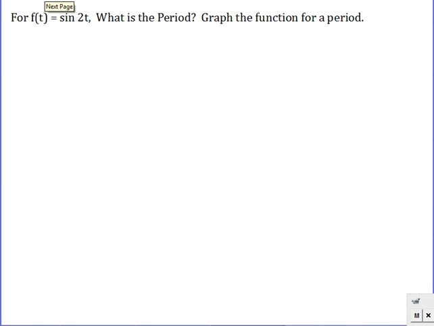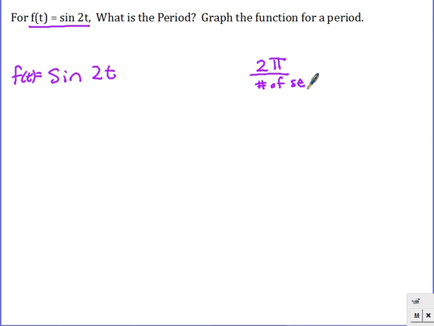Okay, so here is an equation. It says, here's your equation: sine of 2t equals f of t. All right, and we need to know what the period is. So previously, we said, let me take 2 pi and divide it by the number of seconds, the period, and that gave us this number that we put right here.